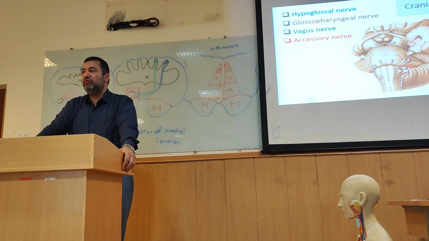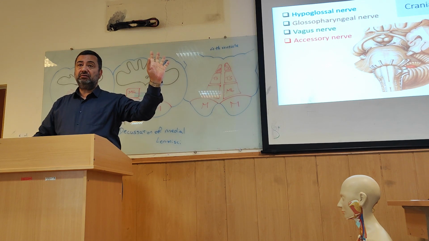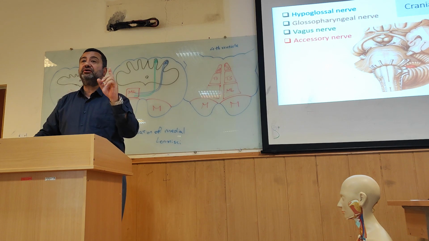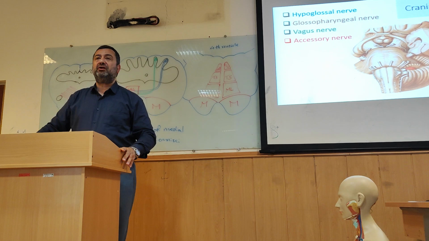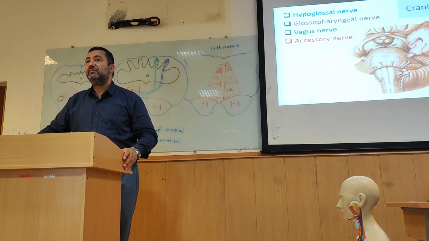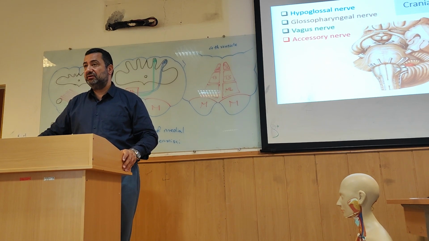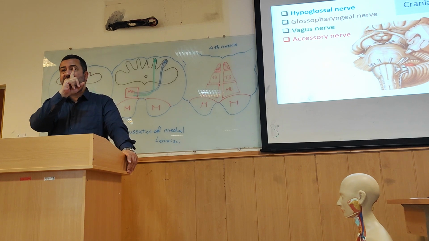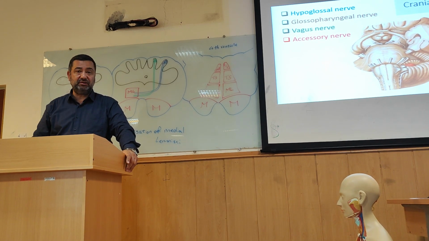In this movement of the eye, my left eye goes to the left side by contraction of lateral rectus muscle. Innervation of the lateral rectus muscle is by abducens nerve, cranial nerve number 6. And my right eye goes to the left side by contraction of the medial rectus muscle.